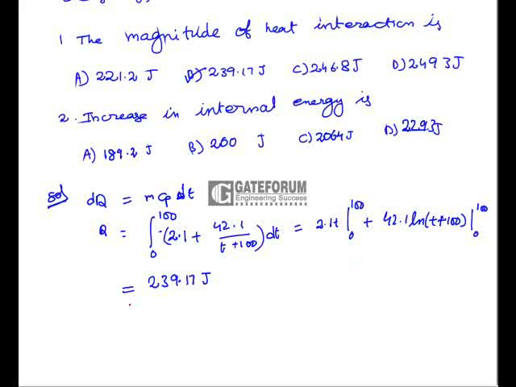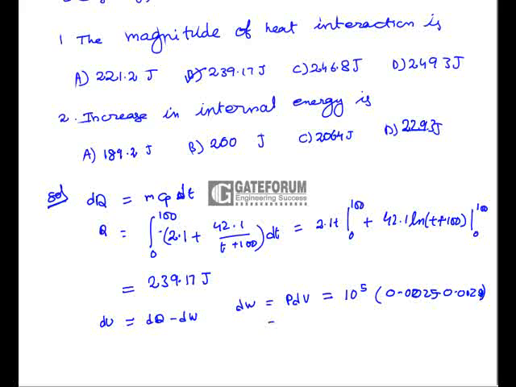Here the temperature increases from 0 to 100 degrees centigrade, so obviously it is a heat addition process, and we will have to find out the increase in internal energy, that is du. The change in internal energy is given by dq minus dw, and we know that dw is equal to p dv. So here p is 1 bar, that means 10 power 5 newton per meter square, and dv is the change in volume, 0.0025 minus 0.002.